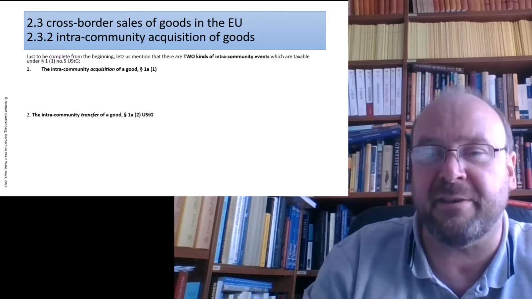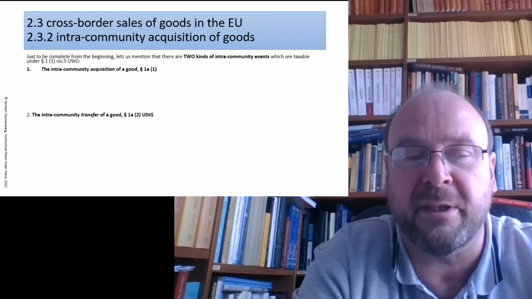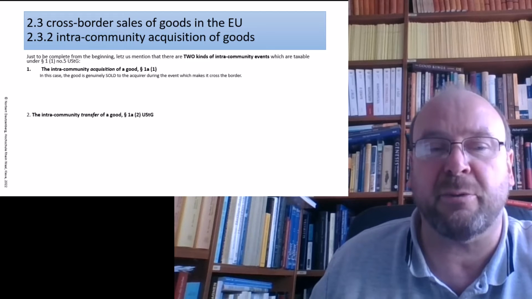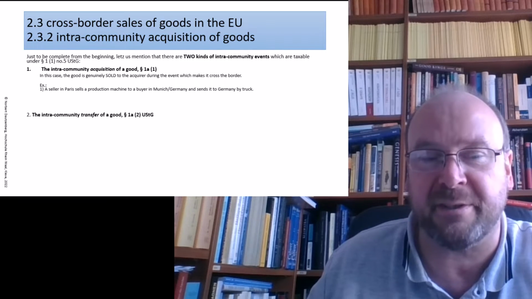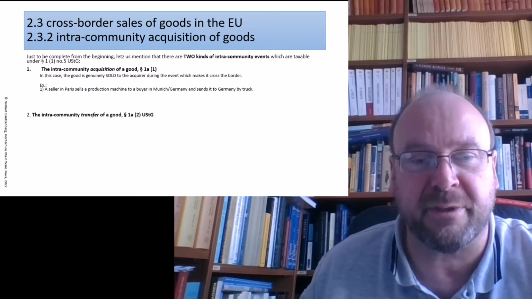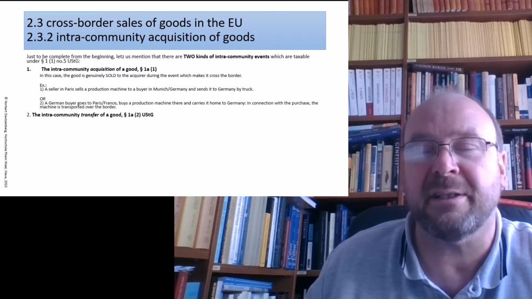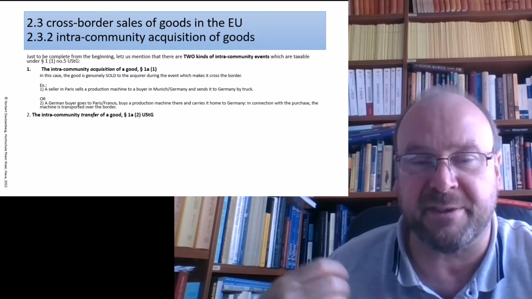For that reason, you have not only the intra-community acquisition of a good defined in 1A1, but also the intra-community transfer of a good from one territory to another one in 1A2. The difference is, with an intra-community acquisition, the good is genuinely sold, and the acquirer or the deliverer brings it across the border during a delivery. For example, somebody in Paris sells a production machine to a buyer in Munich and sends it to Germany. In that case, you have a genuine sale, and the good crosses the border.